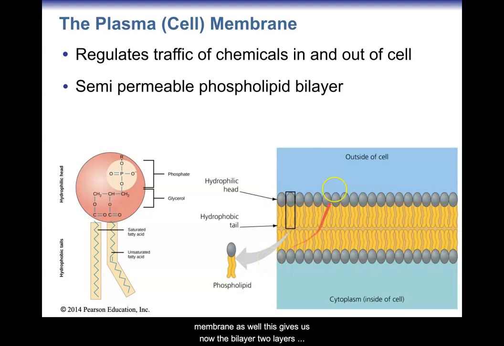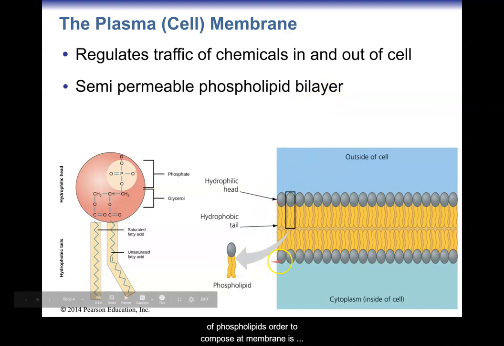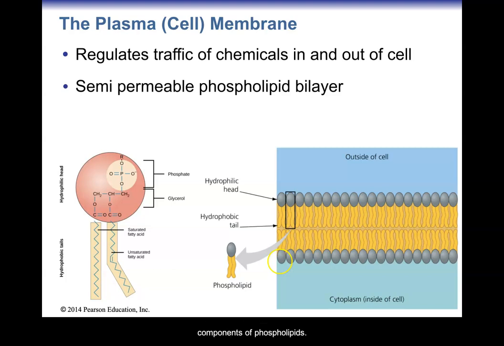This gives us the bilayer, two layers of phospholipids in order to compose that membrane. Those hydrophilic heads are found on both the outside and the inside, the watery components, and those hydrophobic tails are hiding away, shying away, forming the inside of that membrane. The cell membrane wouldn't be what it is without these hydrophilic and hydrophobic components of phospholipids.